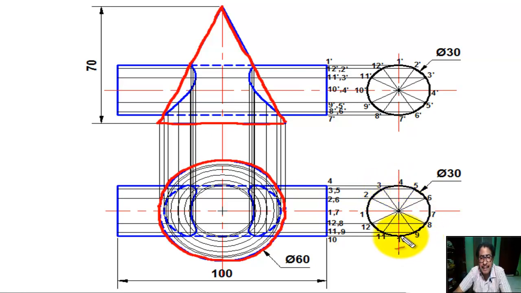Now from 10 and 4 draw a horizontal line.